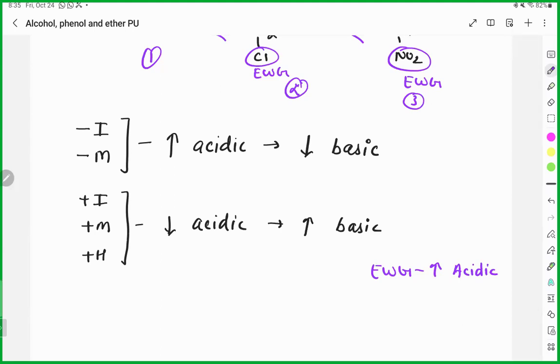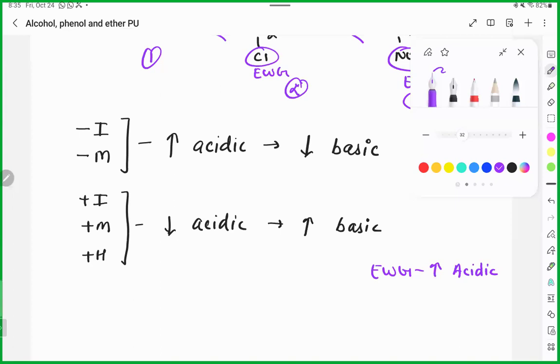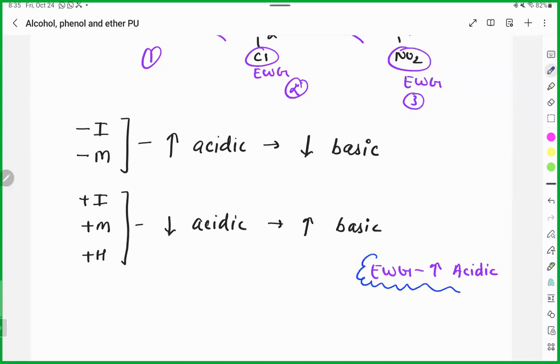Make sense? If electron withdrawing group increases acidic character, what will be the impact on the basic character? Decrease, sir. Okay.